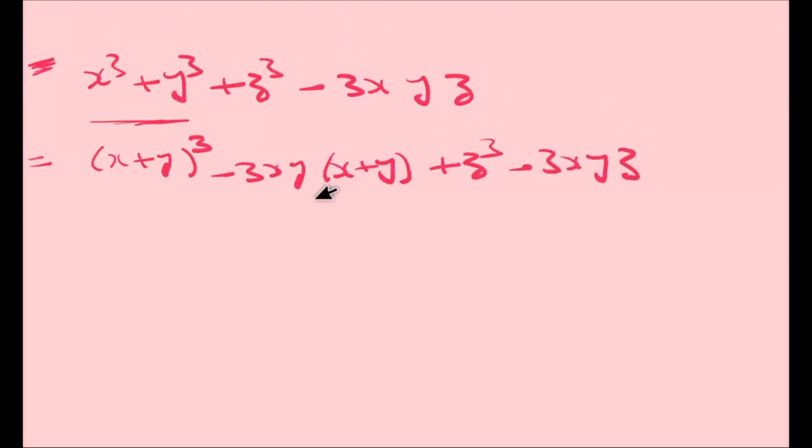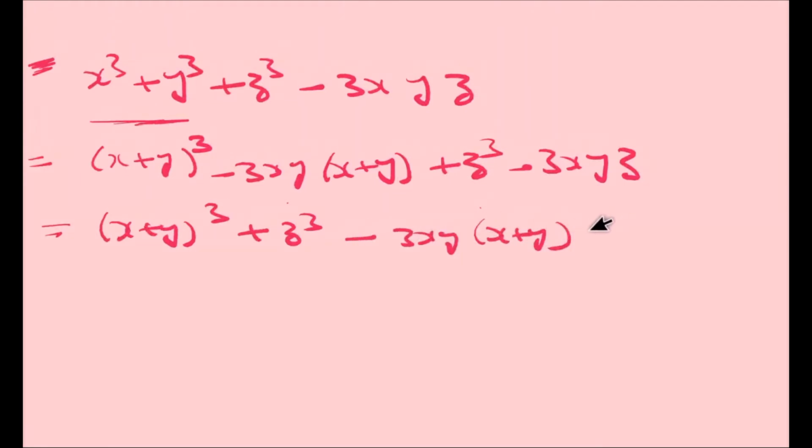This is the expansion formula. In the previous board you can check it. Okay. So now if we take this pair with this pair, what is here? x plus y whole cube plus z cube, and this minus 3xy times x plus y and minus 3xyz. Okay, now using again the factor formula here.